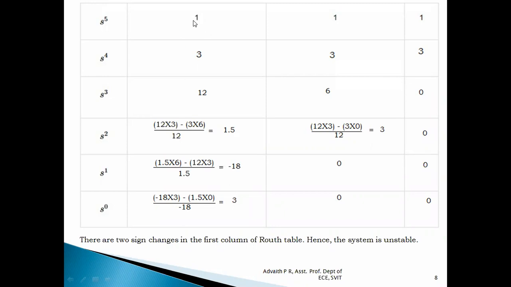If we observe here, we have plus 1, plus 3, plus 12, plus 1.5, minus 18, plus 3. From plus 1.5 to minus 18, we have one sign change. Minus 18 to plus 3, we have one more sign change. So there are two sign changes here. Because there is a sign change in the first column of the Routh array, this system is said to be an unstable system.